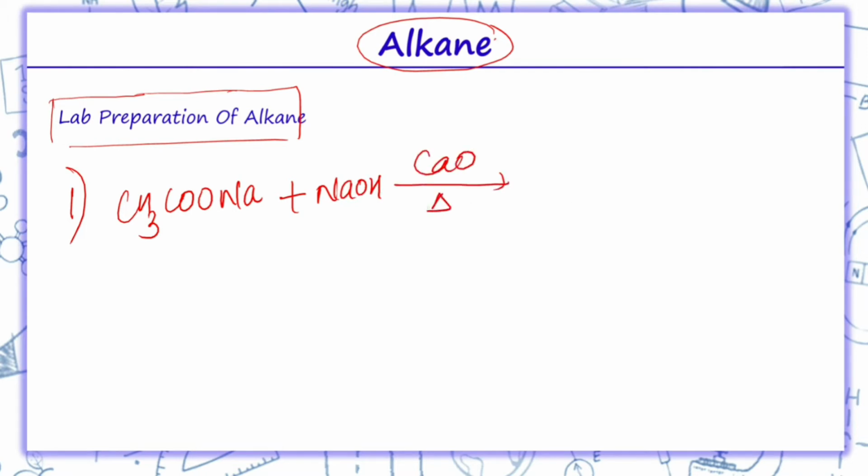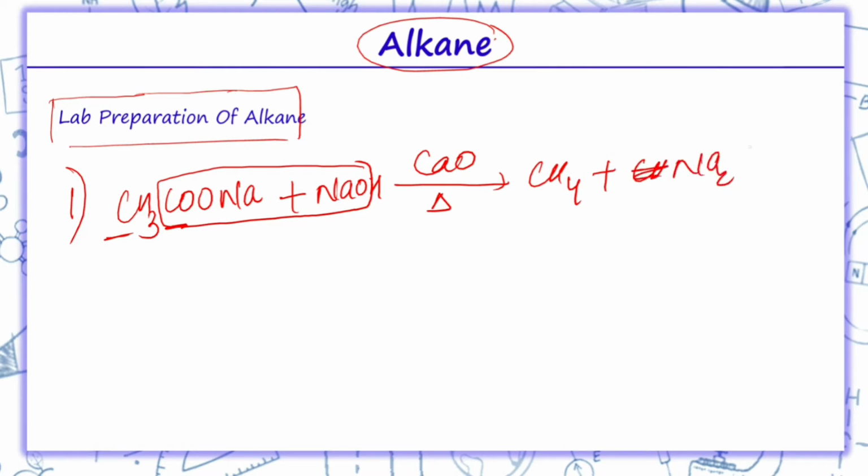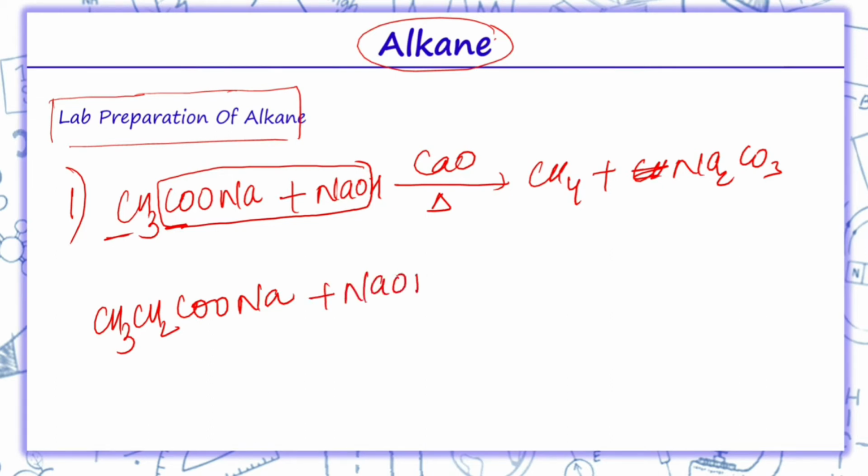Then it is heated and we get an alkane which has one carbon less than the reactant. In the reactant we can see there are two carbons, but the alkane we get has one carbon. Thus Na2CO3 gets removed and we get CH4 plus Na2CO3.